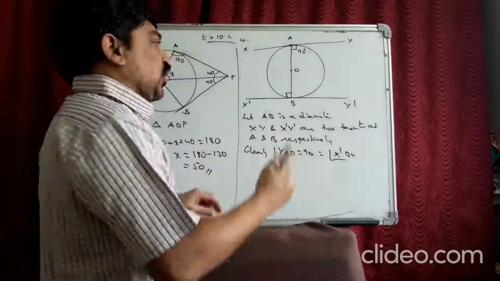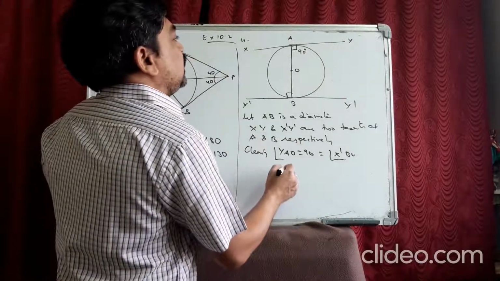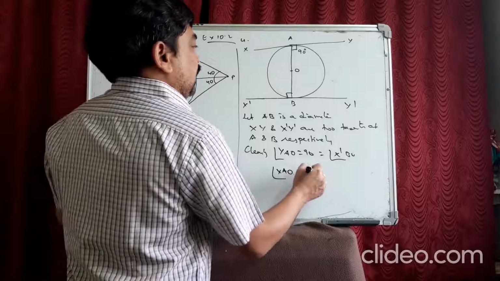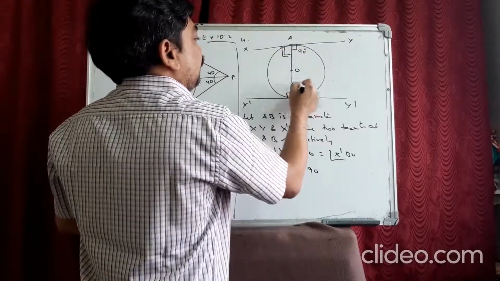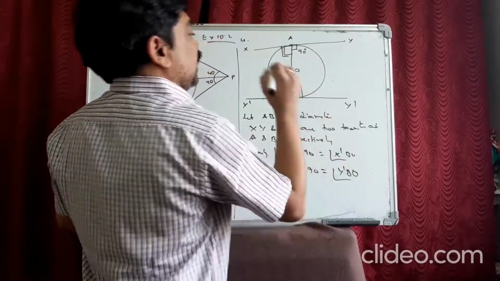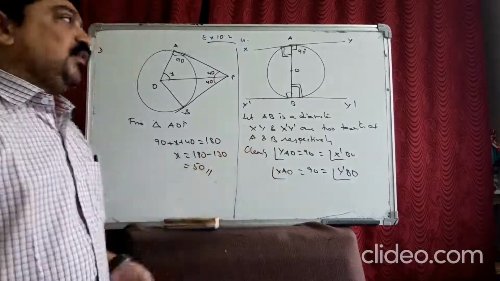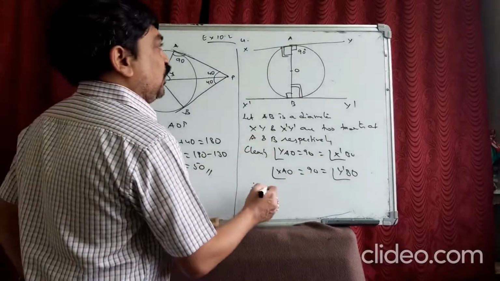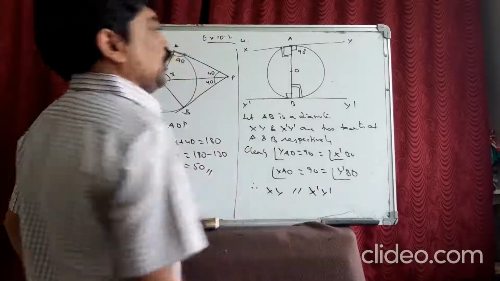Do you agree? And you can also say that angle XAO is 90, and this 90 is equal to angle Y dash BO. From this also, any one is enough actually. Therefore XY is parallel to X dash Y dash.